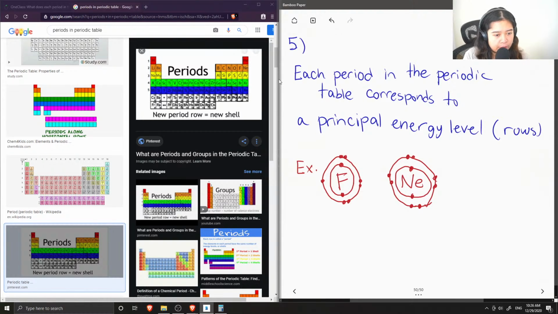But if we were to go to the next row down, which is period 3, let's look at chlorine. It has the inner shell, but this time it has an extra shell that is full. And similarly with fluorine, chlorine has 7 valence electrons as well.